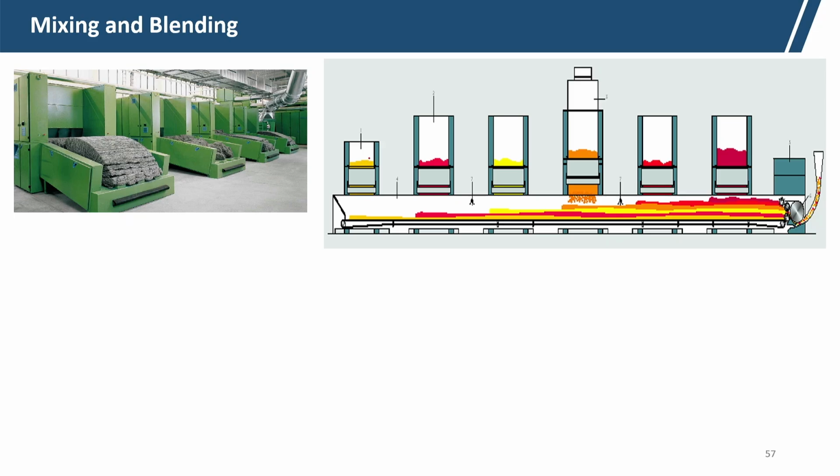Now, these are the different fibers, different components shown by different colors. So, 1, 2, 3, 4, 5, 6 chambers are there, and at the end here it is a delivery point. The feeding point is here.